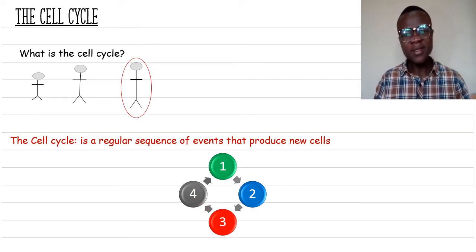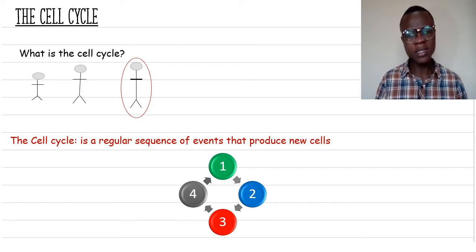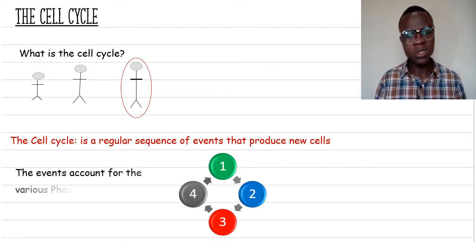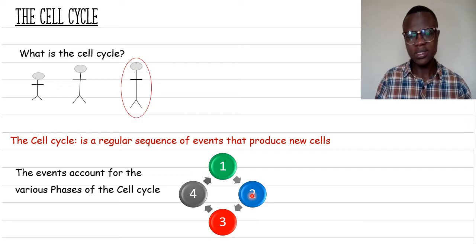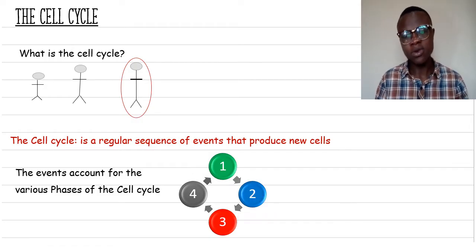The events that constitute all of the activities going on here can be grouped into different phases of the cell cycle, meaning events that occur in stage 1, stage 2, stage 3, we can group into a particular phase of the cell cycle. And just to state, the cell cycle is divided into two phases.